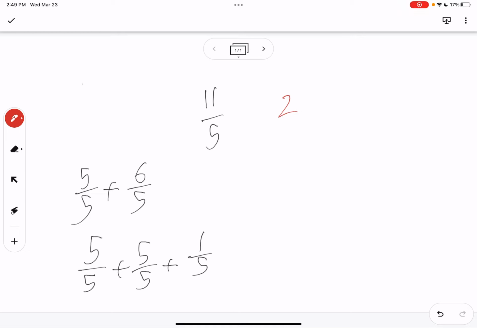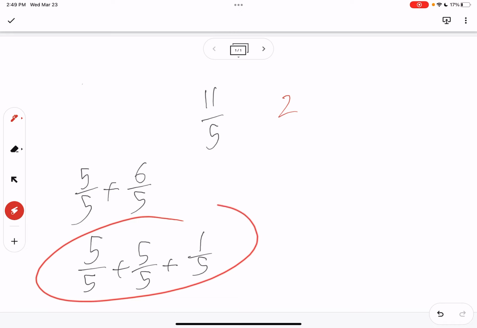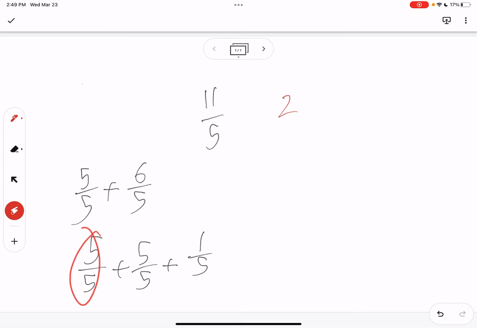So I could write it like this, or since this is the same thing as 1 plus 1 plus 1/5, I can just make that 2 and 1/5, okay?